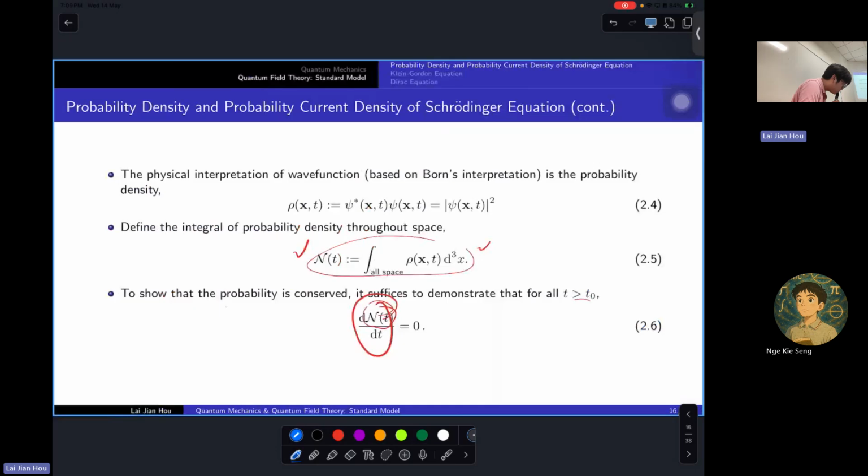So the n and rho is taking the over the rho.